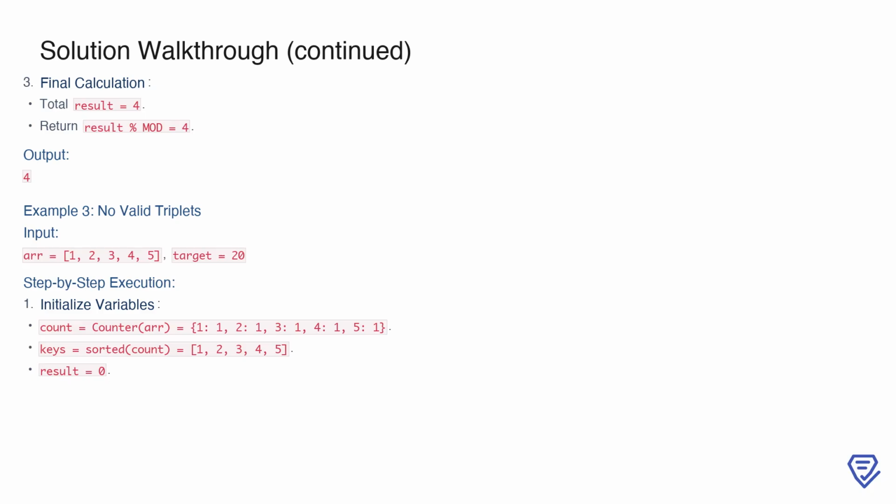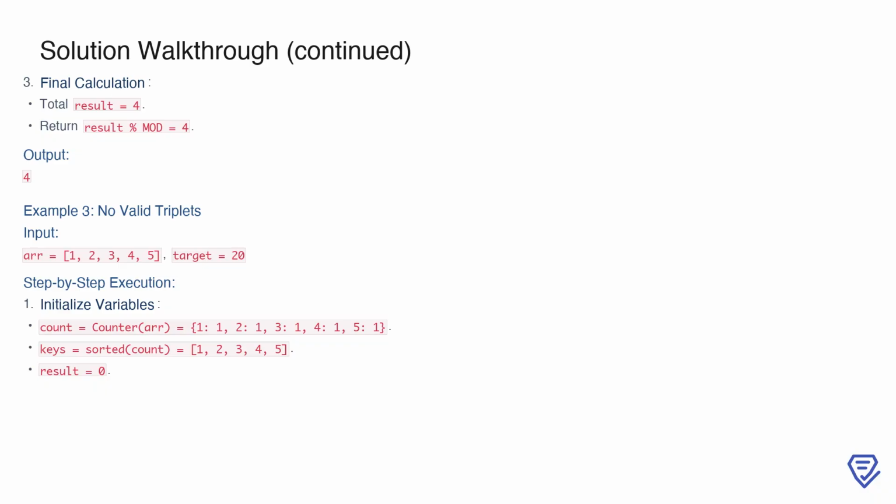In this example, we look at a case where no valid triplets exist. The input array is 1, 2, 3, 4, 5, with a target of 20. After initializing the variables, we find the counts of each number as 1: 1, 2: 1, 3: 1, 4: 1, 5: 1. The sorted keys are 1, 2, 3, 4, 5, and result is set to 0.